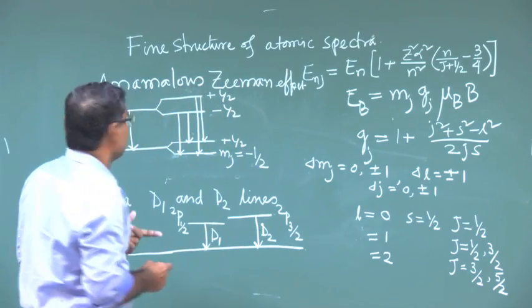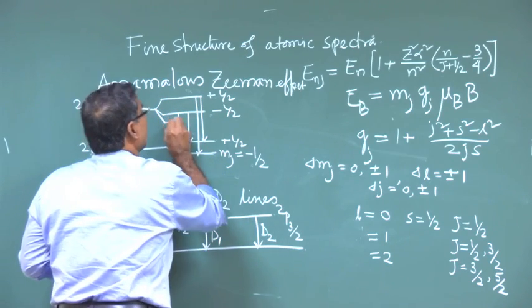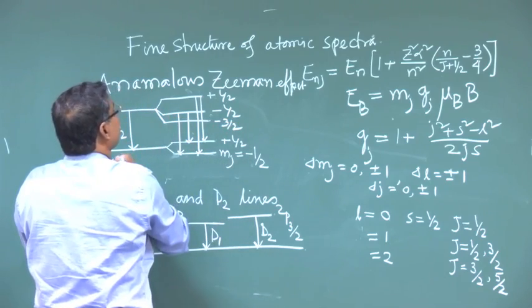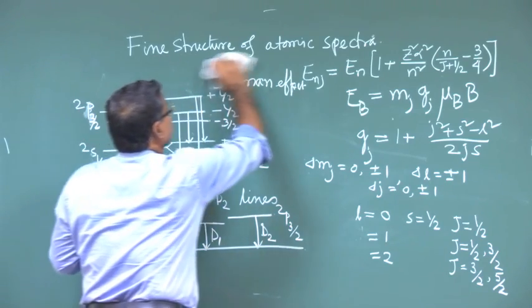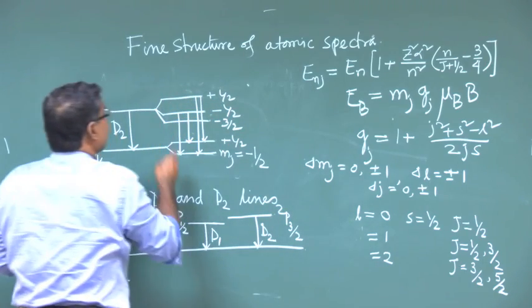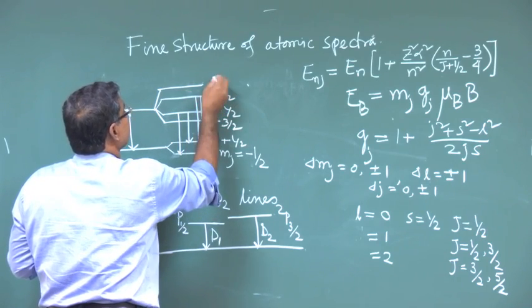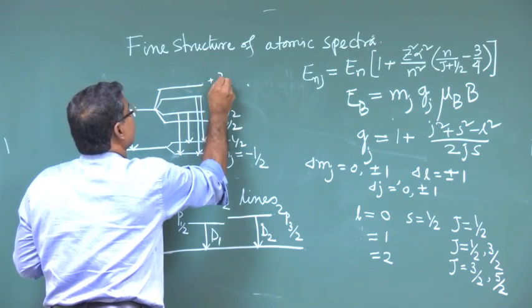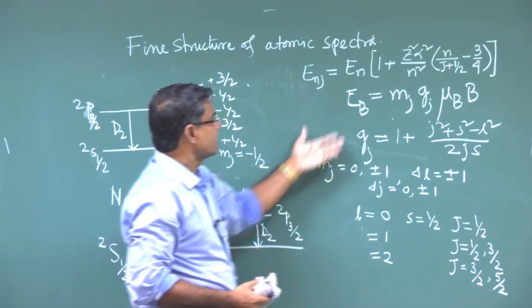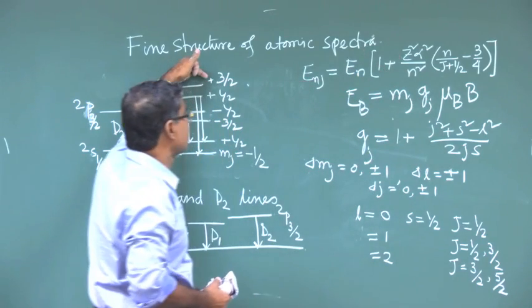So we get 2 more levels, minus 3 by 2 and plus 3 by 2, because with higher mj value the energy will increase. So this is the highest energy.